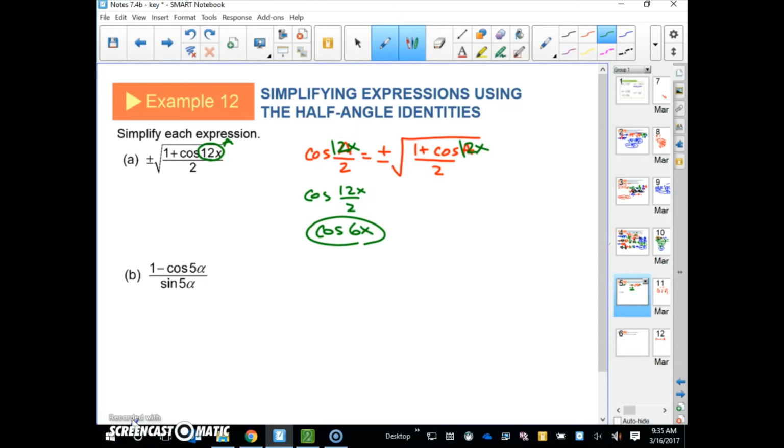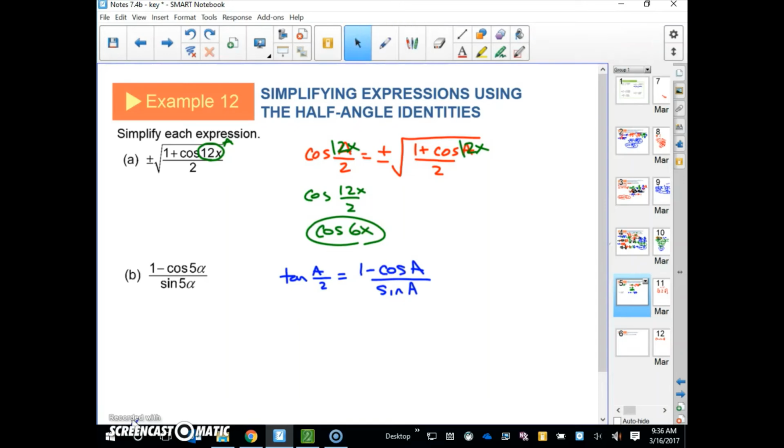When I look at part B, it says 1 minus cosine of something over sine of something. And so find that identity. That identity says tangent A over 2 equals sine A over, wait, that's not the right one. 1 minus cosine A over sine A. Okay, that's the one that this looks the most like.